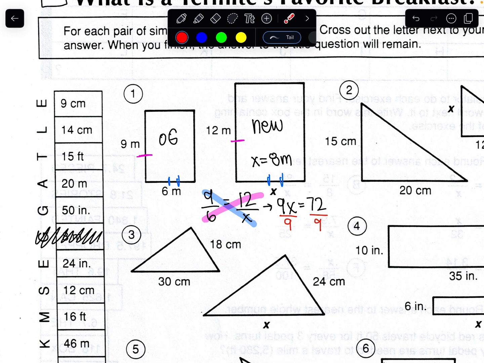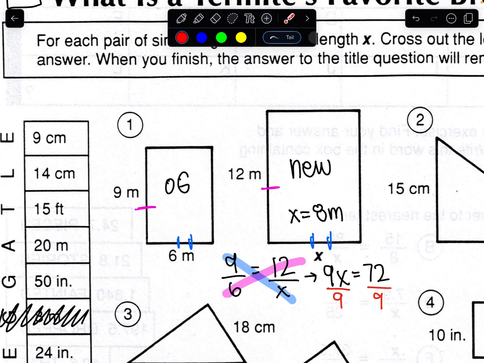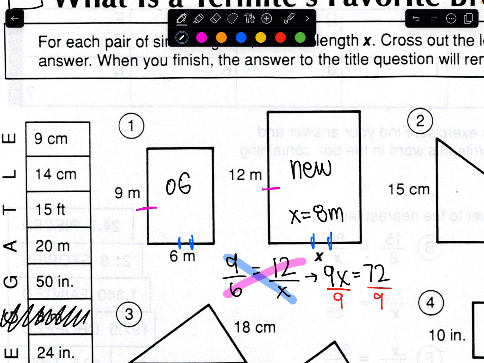But like I said, you're also welcome to find the scale factor here and use that scale factor between these two. So if I go ahead and do it that way, I'm going to think about 9 times what gives me 12. I don't know that off the top of my head, so I'm going to divide both sides by 9. And I can go ahead and reduce this fraction, right? It's got a common factor of 3.